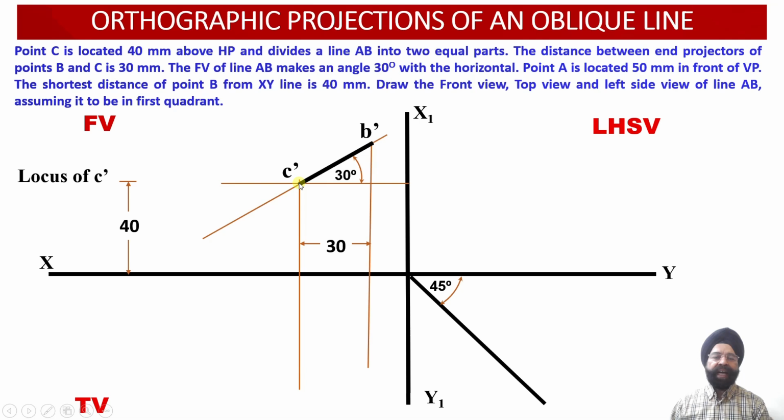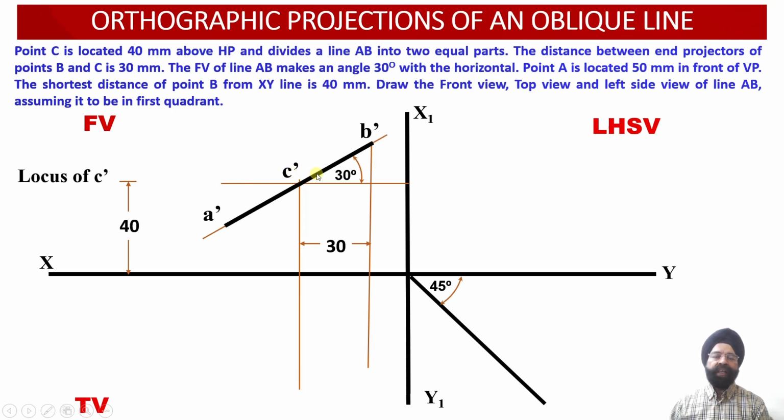Keep the needle of the arc at C dash point and mark an arc onto this elevation projection line, and this distance A dash C dash will be equal to the distance C dash B dash in the elevation. This way we are able to obtain the front view projections corresponding to the line A dash B dash, for which C dash point lies at the midpoint of this particular line.